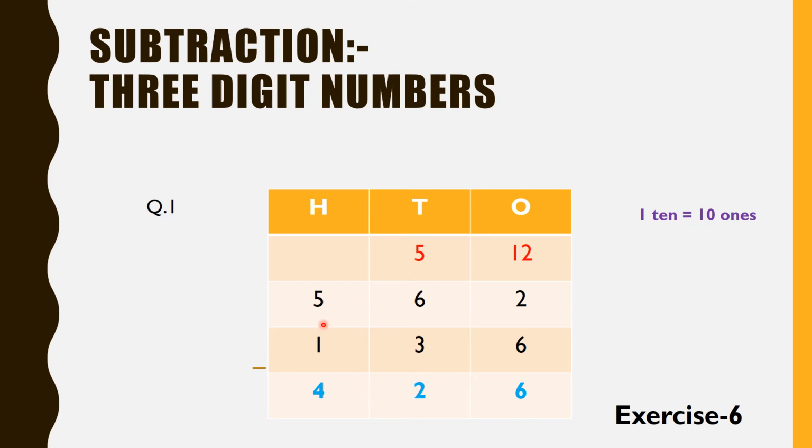Now, on the hundreds place, we can see that we can again easily take away 1 from 5 hundreds, right? So therefore, the answer is 5 minus 1, 4 hundreds. Okay, so therefore the final answer of this question is 426.